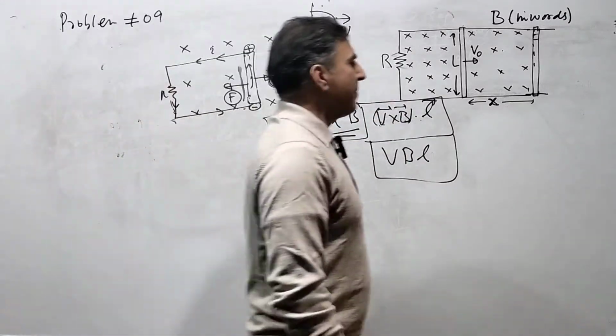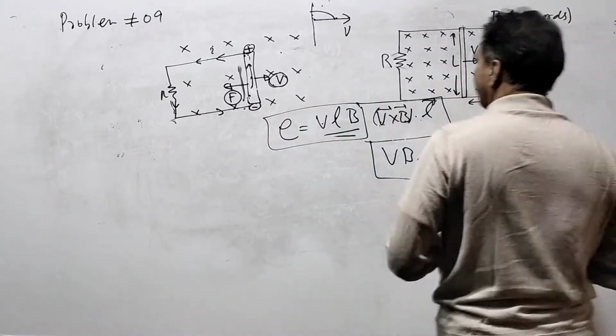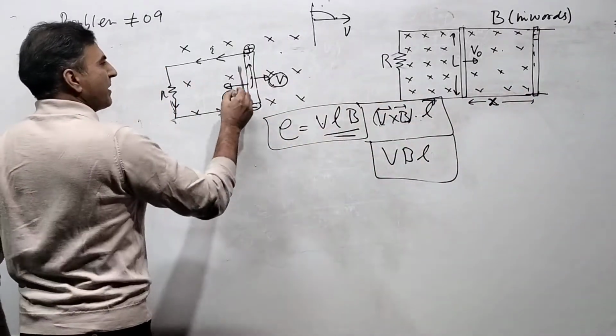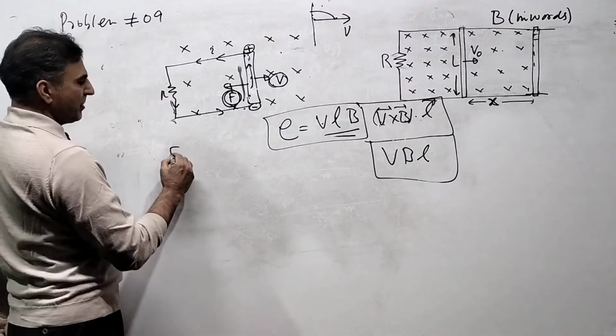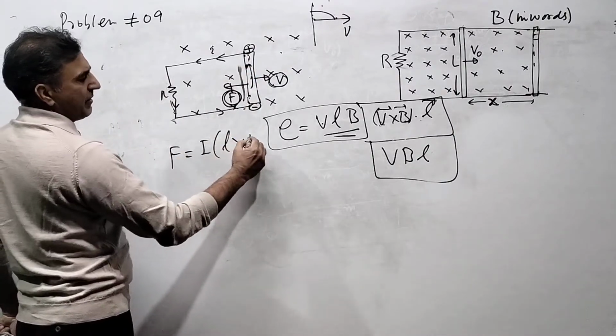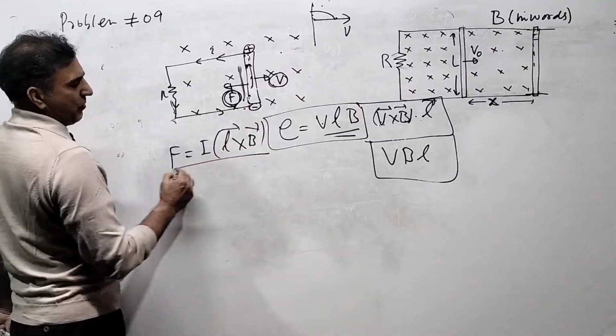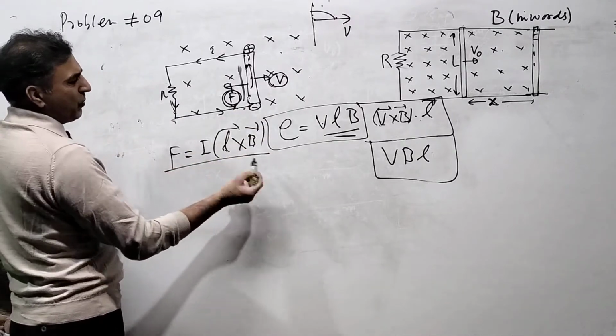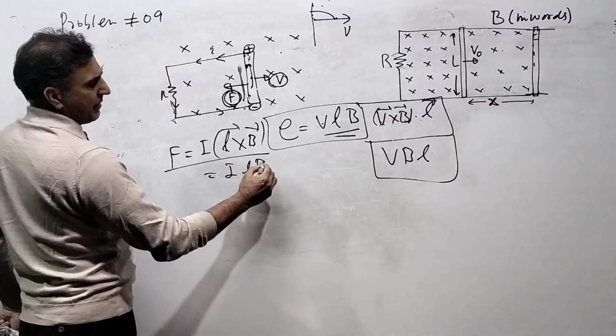Okay. Now let me go to the problem. What's the force acting on the rod? That force is I, current in the rod, L cross B. ये है force. मगर चूंकि L और B perpendicular है, it will be ILB.